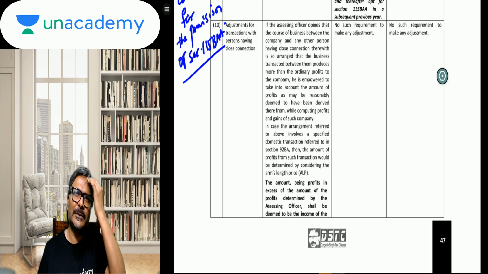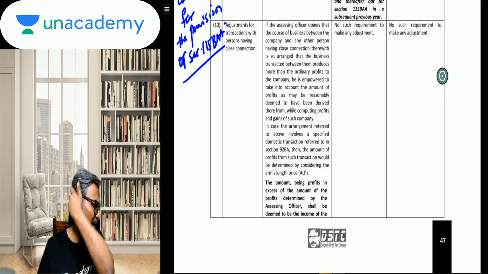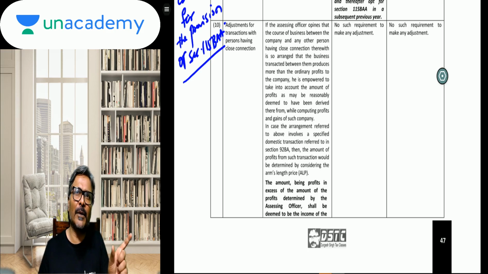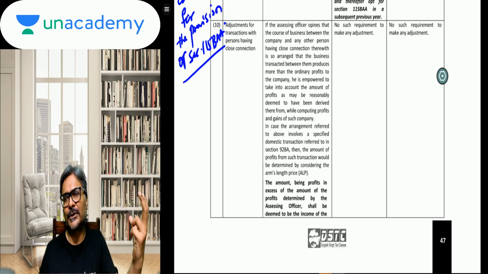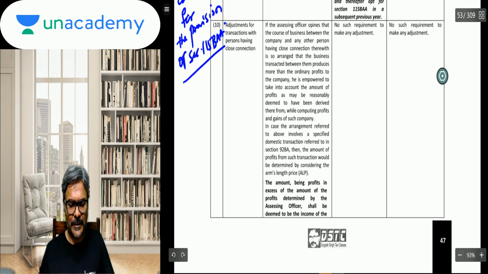Accordingly, in such a case, the assessing officer has been given the power under 115BAB itself to rework the profit if the transaction with a person with whom the SSC domestic company has a close connection is not at arm's length price.